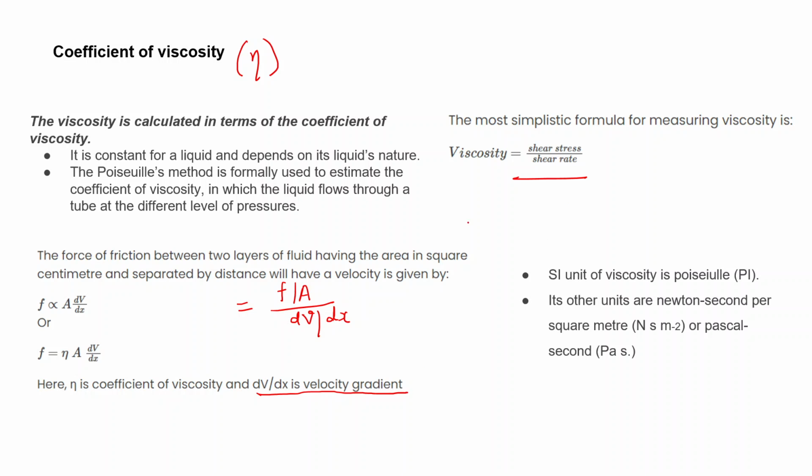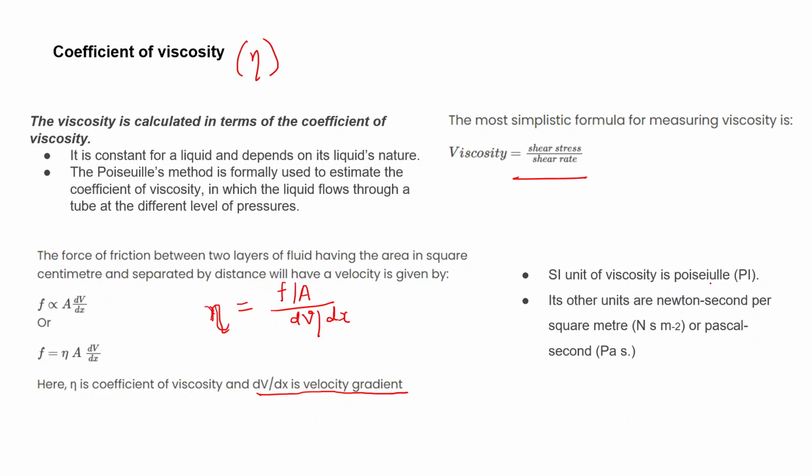It is the shear rate. This is how we define the force of friction, and this is our coefficient of viscosity, eta.